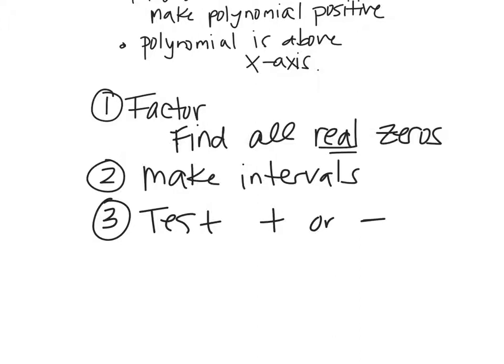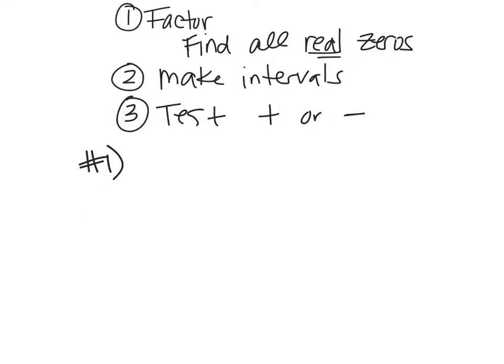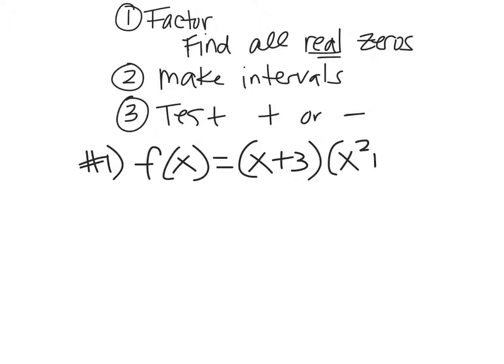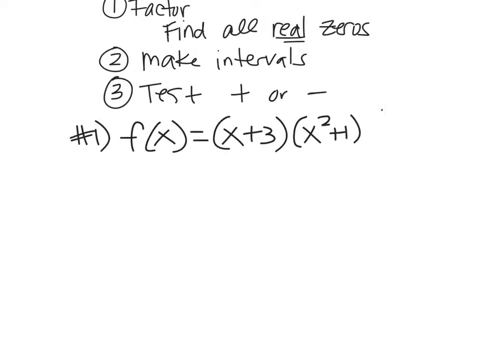All right. Now, you've done this before, so this isn't going to be that bad. It's just going to be bigger polynomials now. So here we go. You ready? Let's do it. f of x equals x plus 3 times x squared plus 1 times x minus 4 squared.